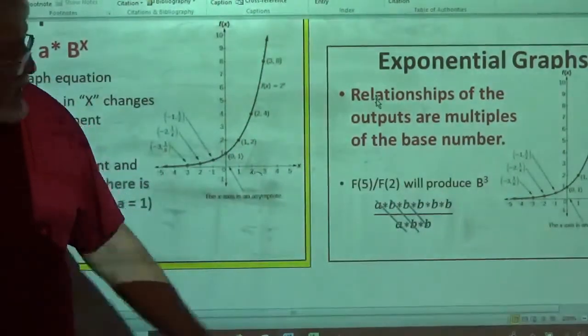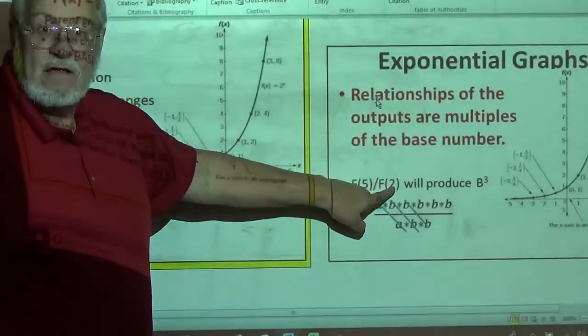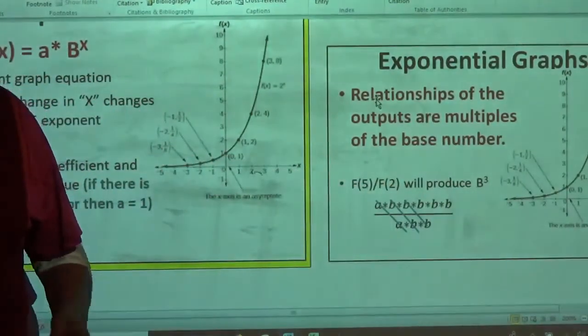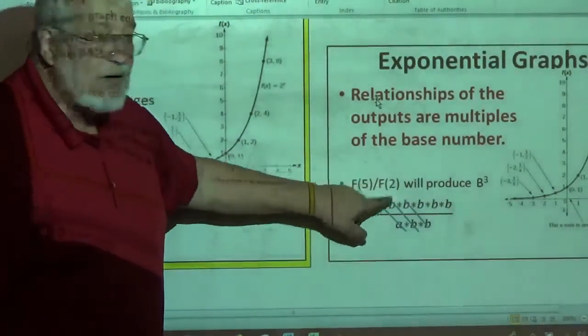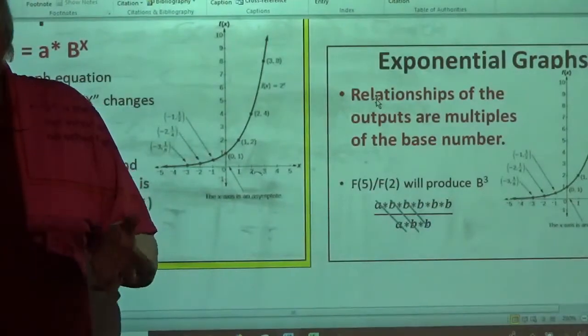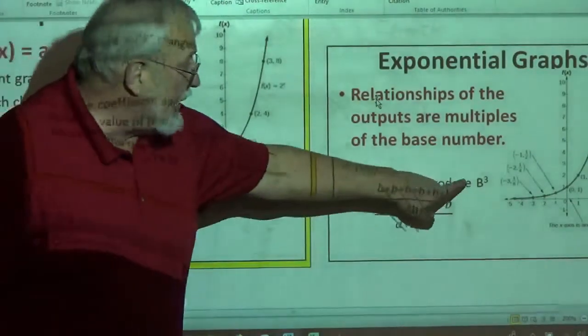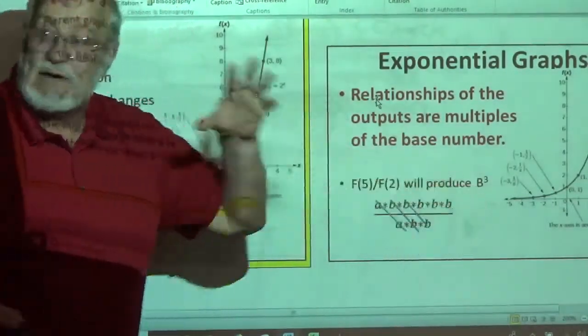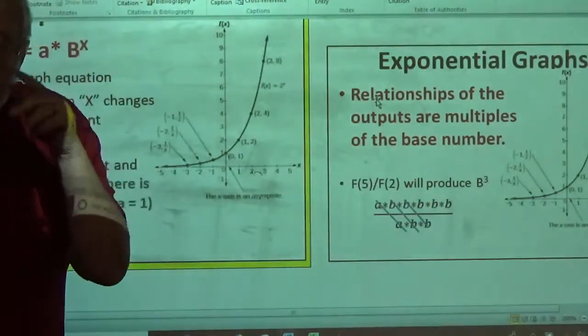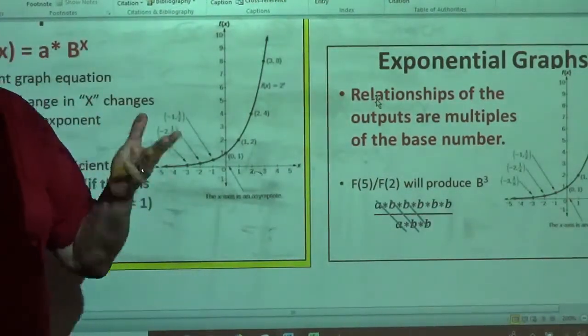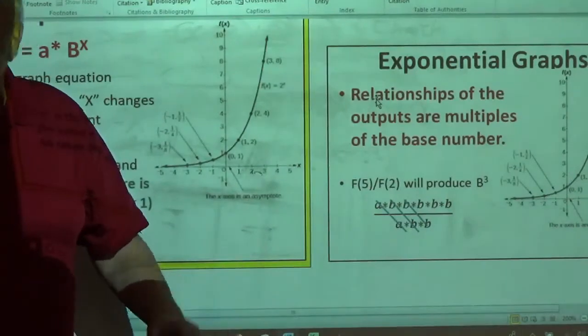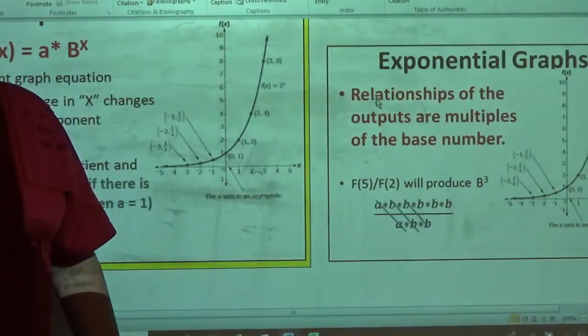But suppose this had been 5 and 3. How far apart is that? 2. That would have made this b squared, and I would have taken the square root of it to find the value of b. That is what problem 6:13 was all about.